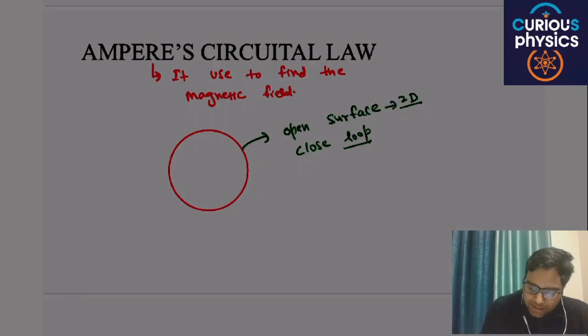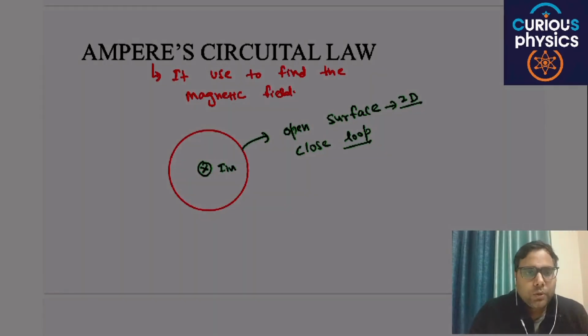Let's say current I is passing through inside this particular open surface.